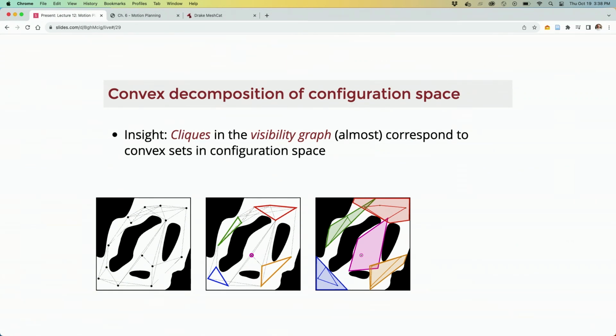You could have an obstacle inside here. It doesn't certify anything. But there's a natural analog, the cliques of a densely sampled visibility graph. This is a sparse one just to make the picture simple. But as you get to a denser visibility graph, the cliques are the natural discrete correspondence to the convex sets.